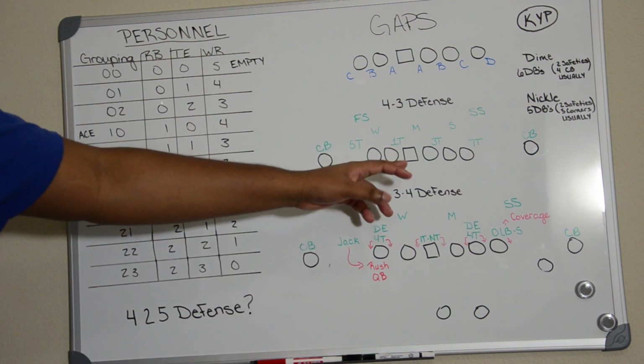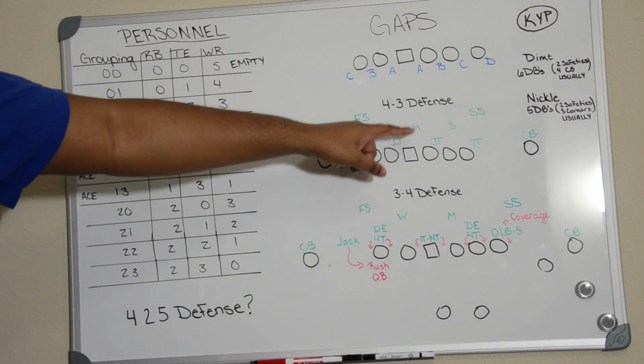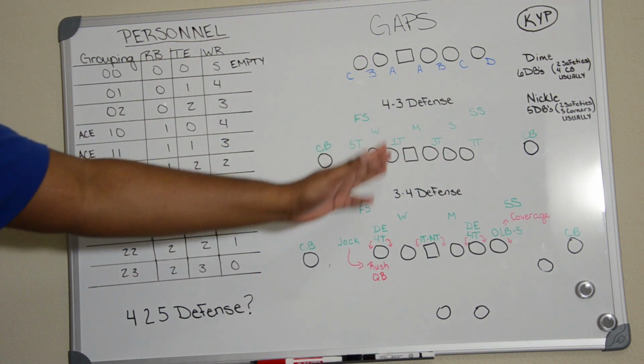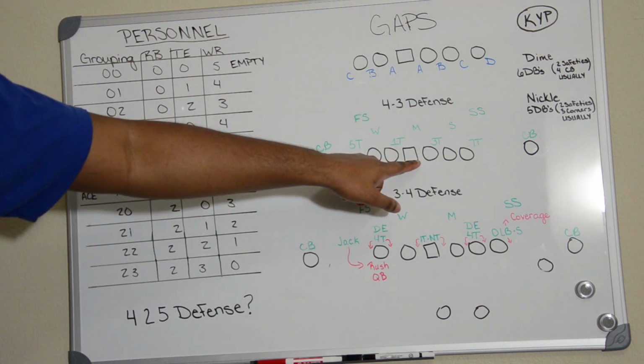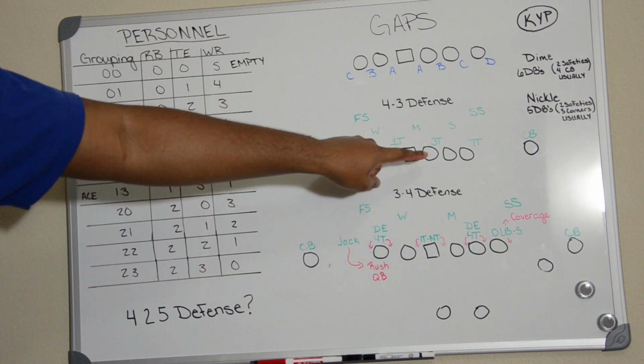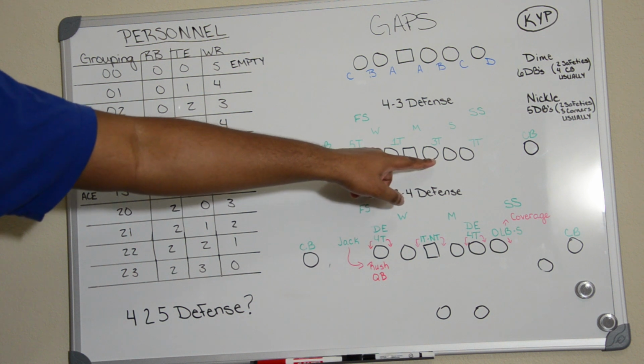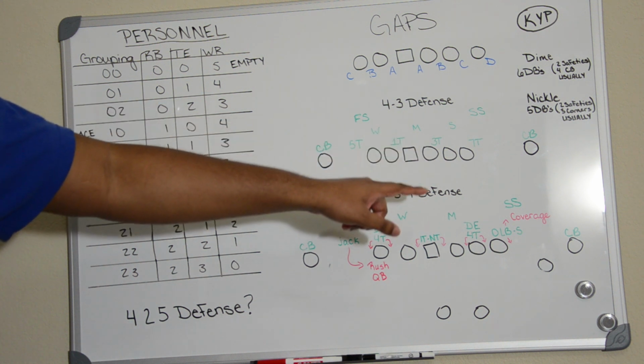If he's right above the guard, that's the two technique on either side. In between the guard and the tackle is a three technique.